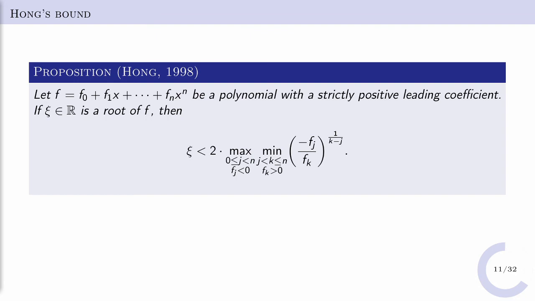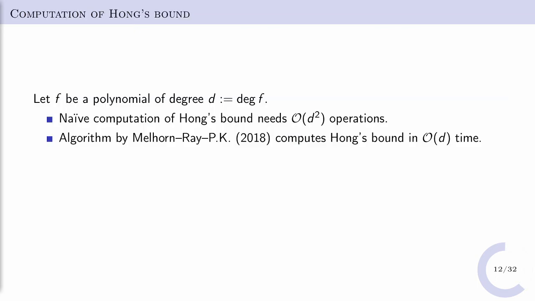In fact, the straightforward, naive implementation of this bound has quadratic asymptotic complexity. However, there is an algorithm, which is quite new, published just 2 years ago, that computes Hong's bound in linear time.